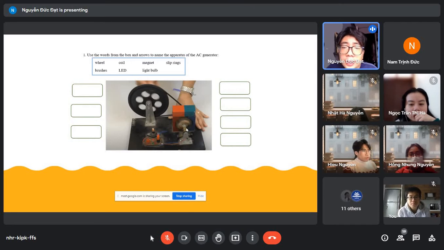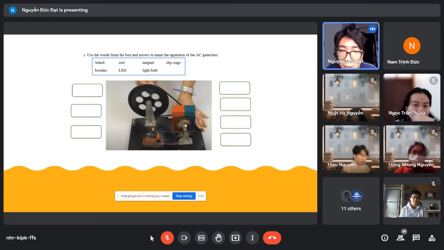Yes, but why do we need the slip rings and the brushes? Why don't we just connect the two wires here directly to the circuit?